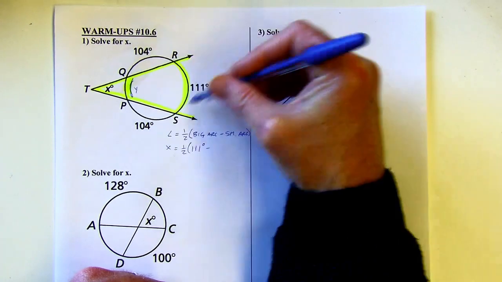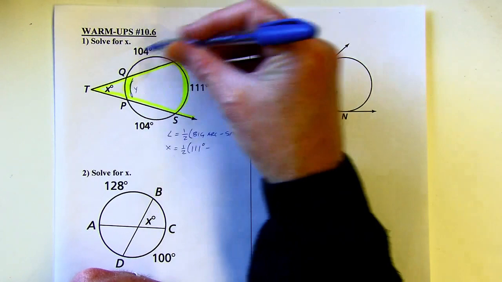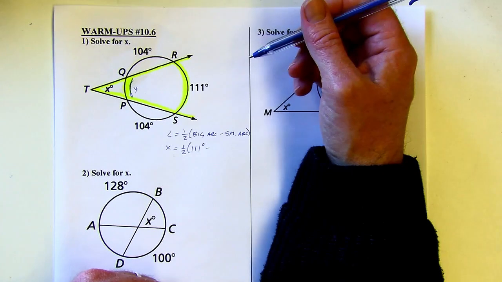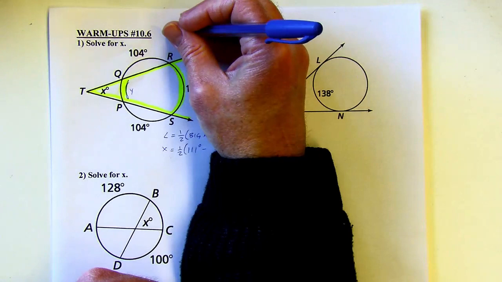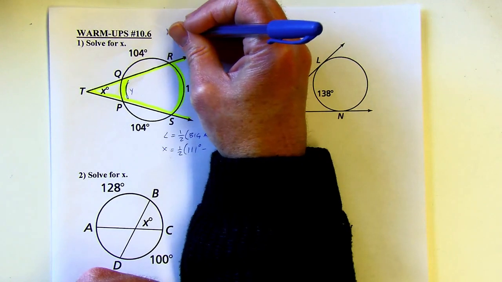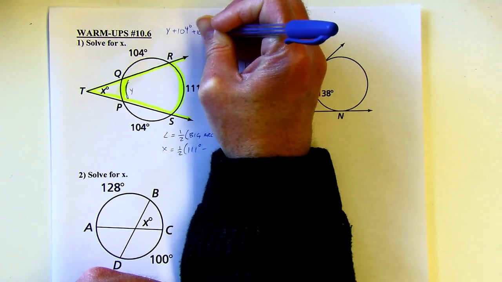If you look at the whole circle, I've got everything but the Y, right? So I know a full circle has 360 degrees, so I can write a little equation here. All of those angles are going to add up to 360.